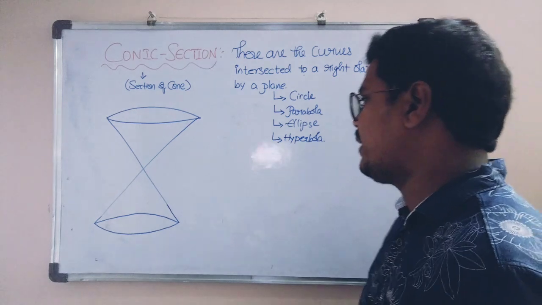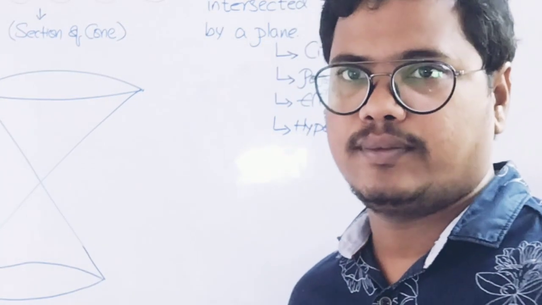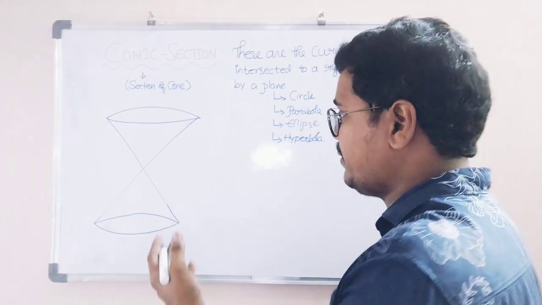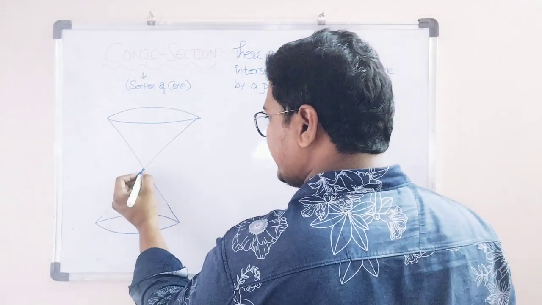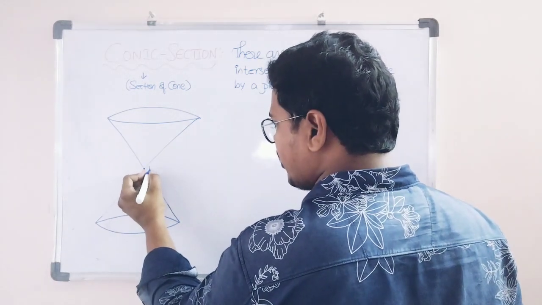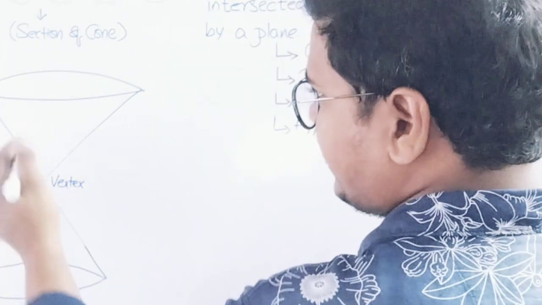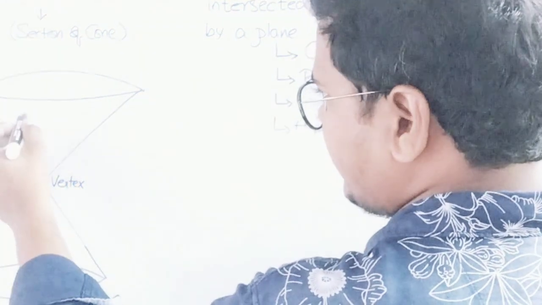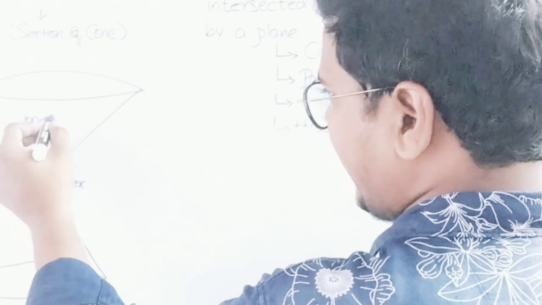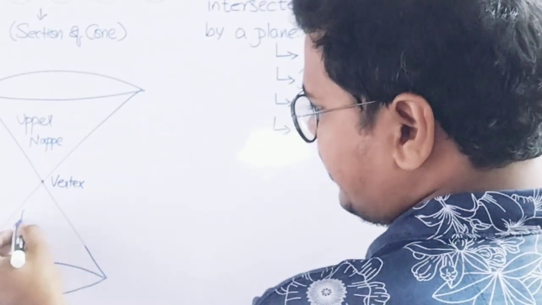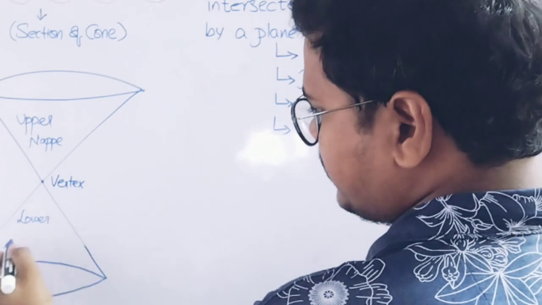The point of intersection we call the vertex. This upper cone is considered to be the upper nap, and this is the lower nap.